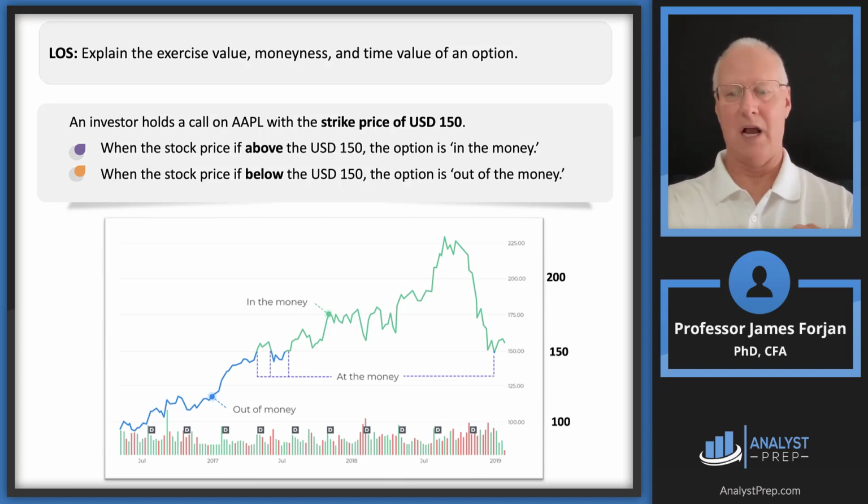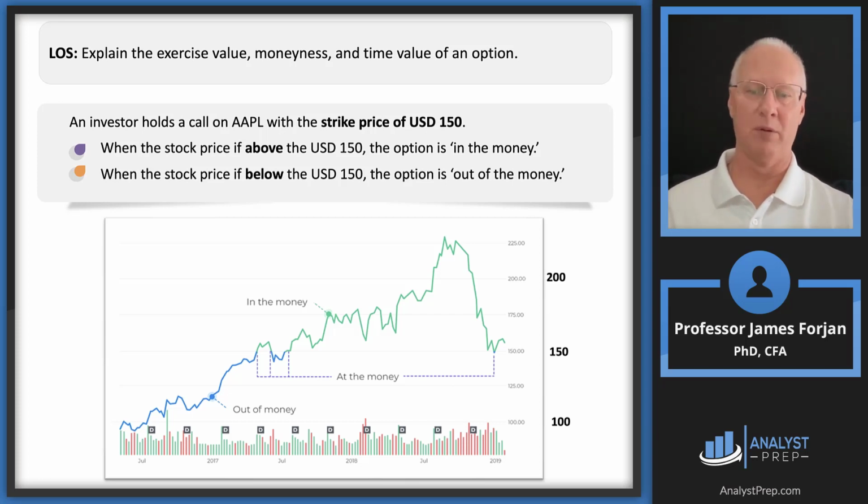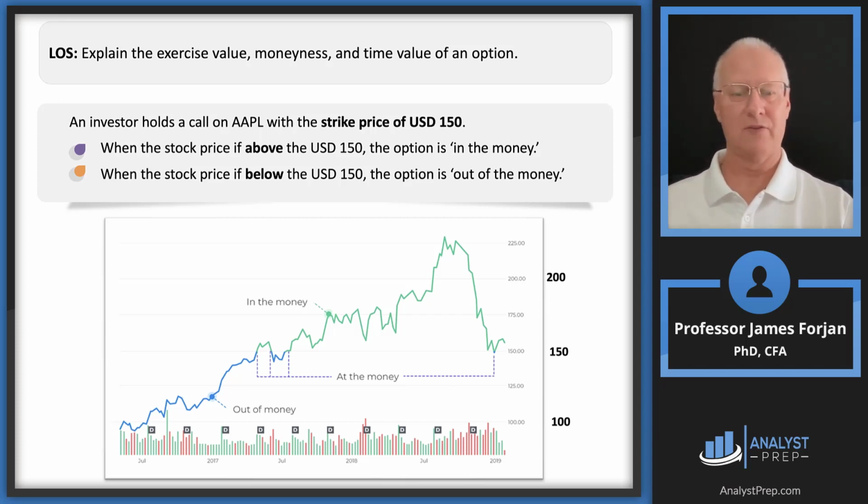Notice that the dotted line going across there is explaining the difference between the blue and the green squiggly little lines, in or out of the money. So here we have a strike price of $150.